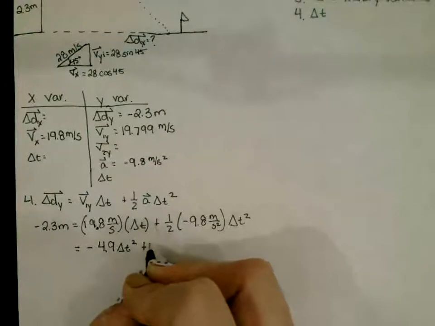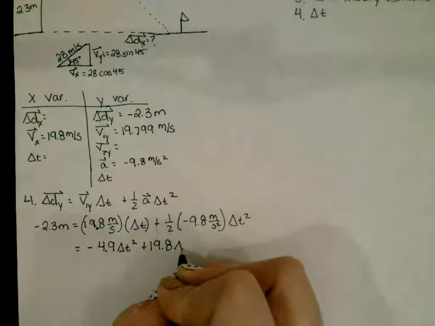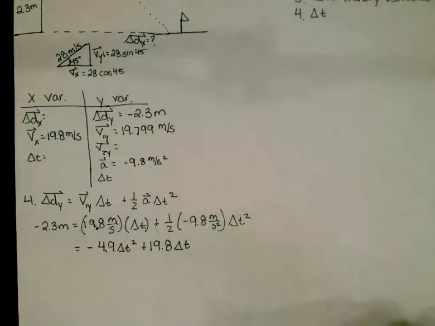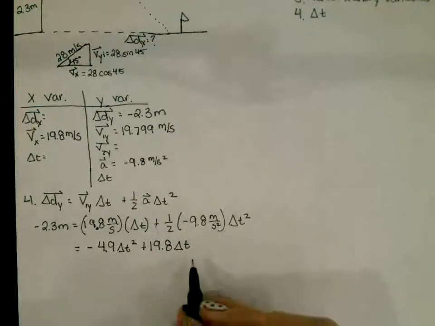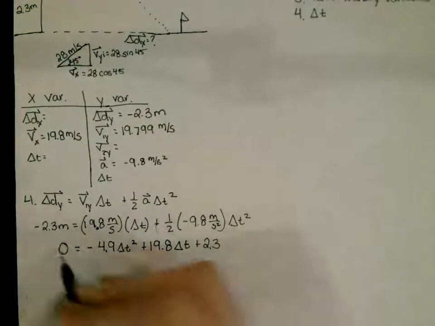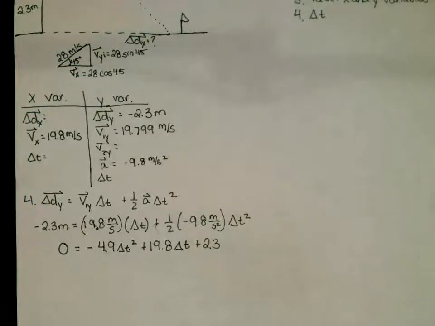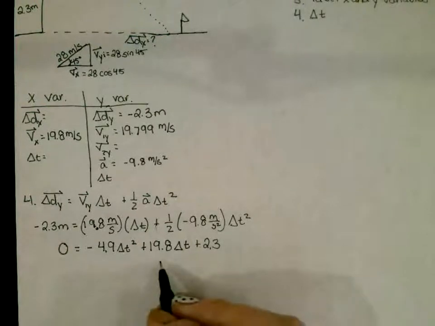I get positive 19.8 change in time. And I'm going to bring this over here. Plus 2.3 is all equal to 0. So we have a quadratic equation that we need to solve.